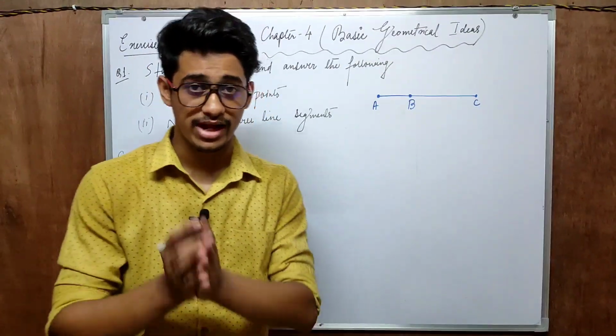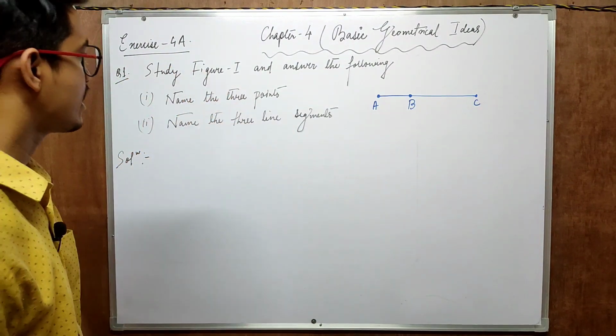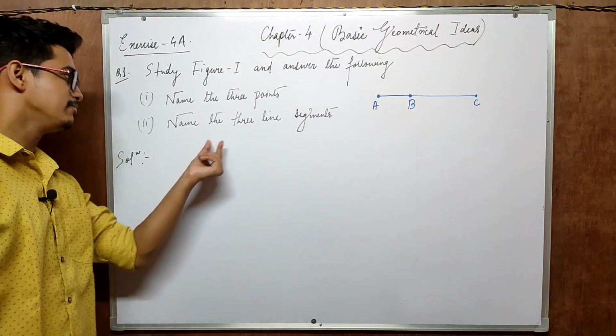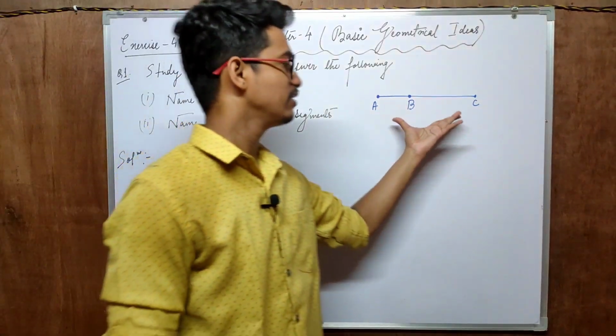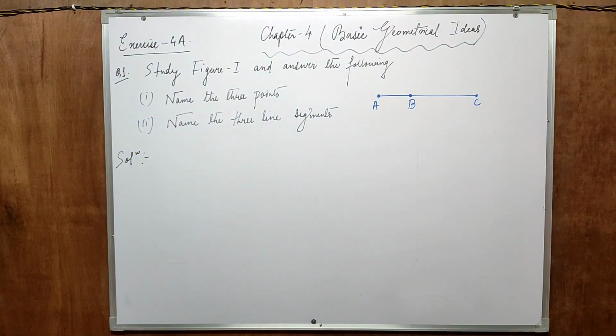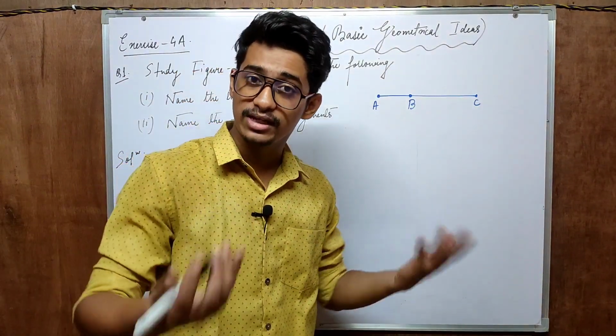Alright, so let's start our exercise by looking at question number 1. Study figure 1 and answer the following. Name the 3 points, name the 3 line segments. Here is our given figure, and what is the first point over there? We know how to identify the points.